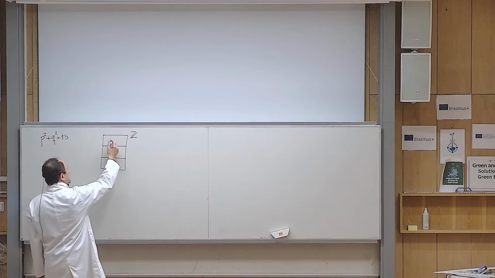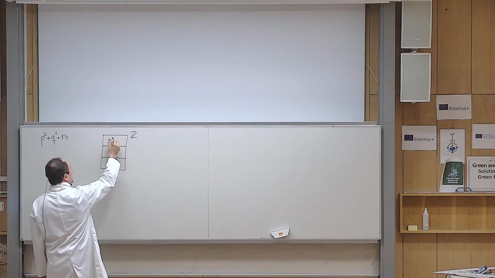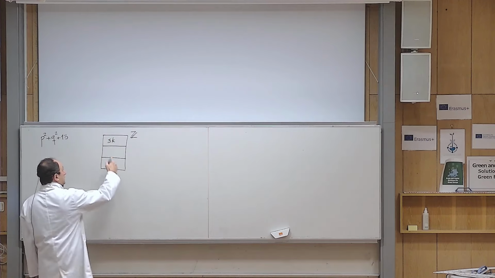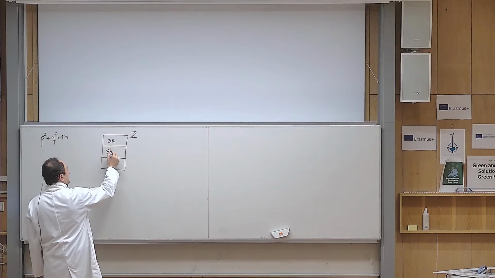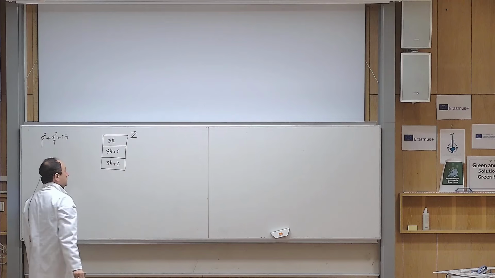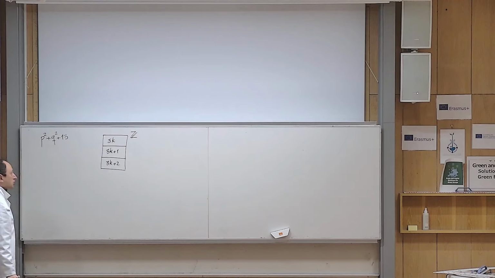That part is the numbers that are multiples of 3, then multiples of 3 plus 1, or multiples of 3 plus 2. So these are the only possibilities for an integer.